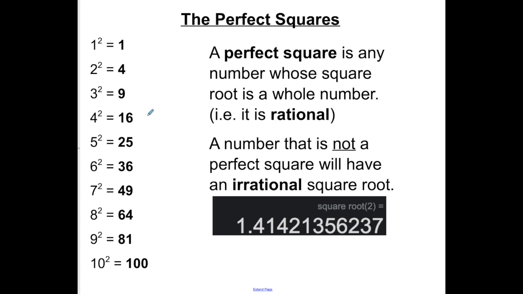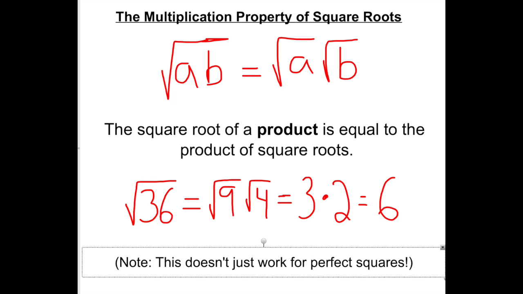While some numbers like 8 and 12 don't have whole number square roots, some numbers that multiply to get 8 and 12 do have square roots. Let's take a little bit of a dive into this. This is going to be underpinned by the multiplication property of square roots.